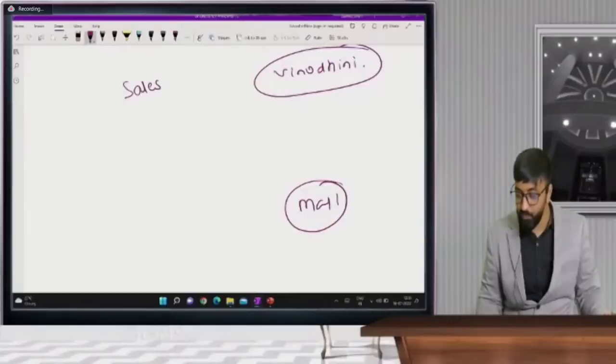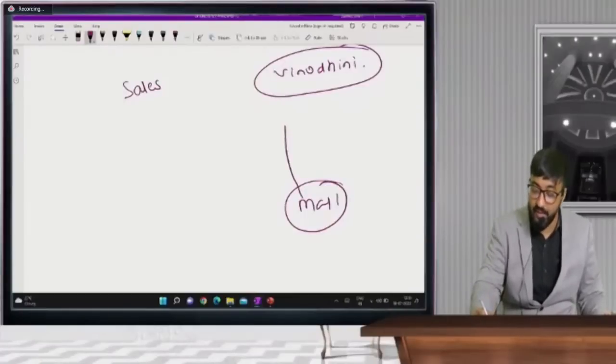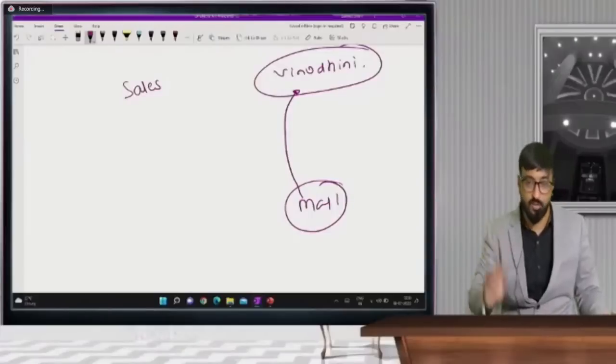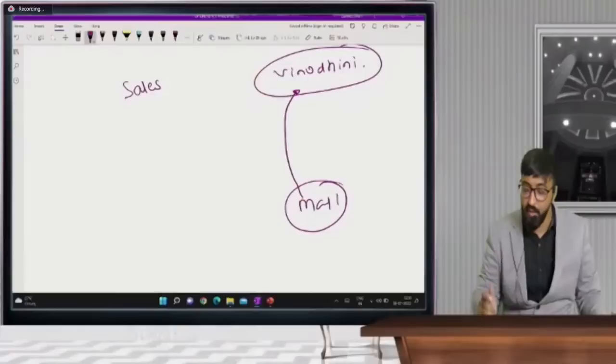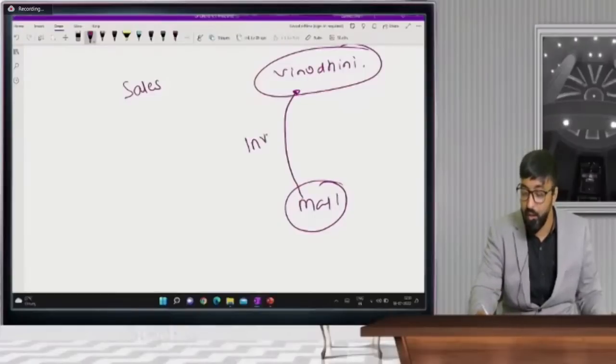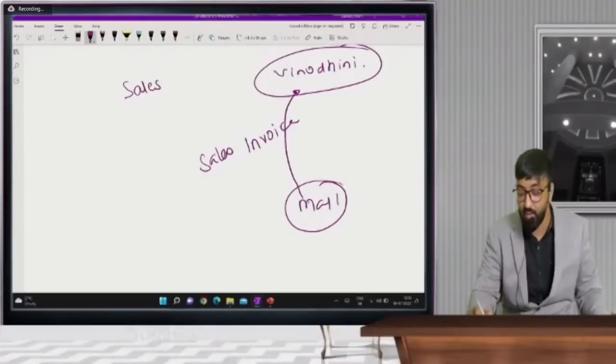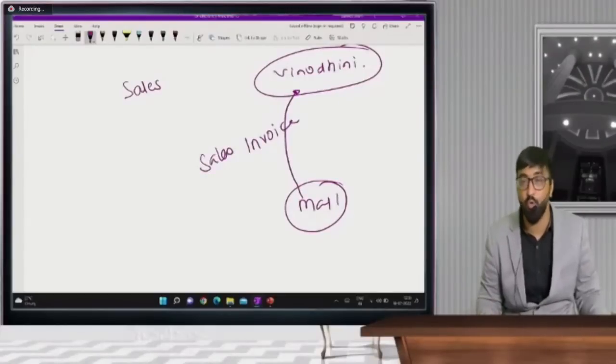Or suppose shoes. So Vinodhini bought shoes from the mall, and the mall's shopkeeper has given Vinodhini one invoice. This is called as sales invoice from mall person to Vinodhini.